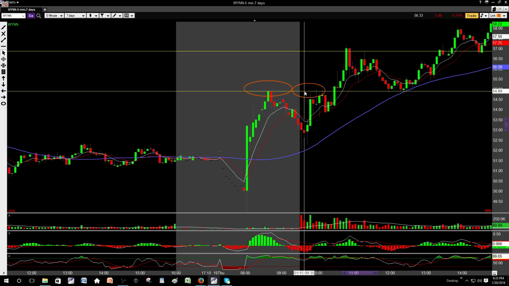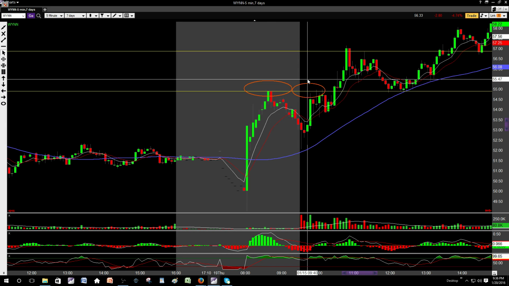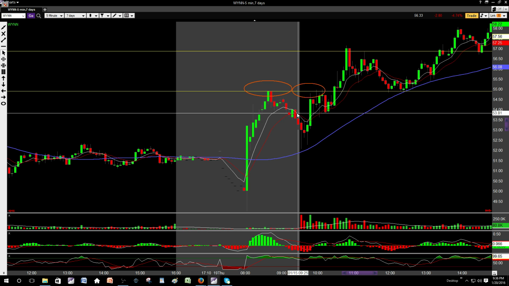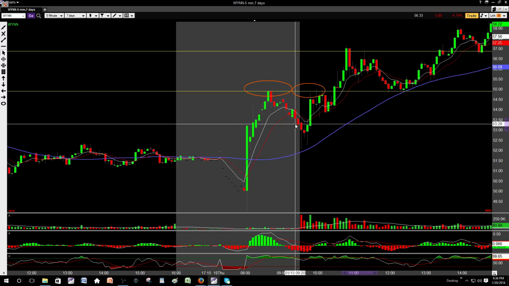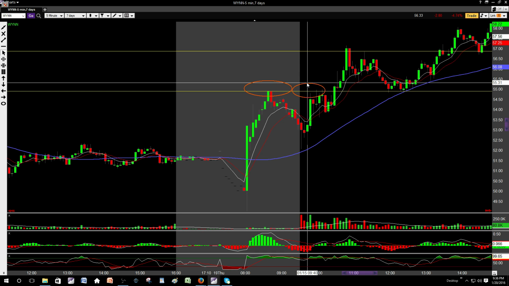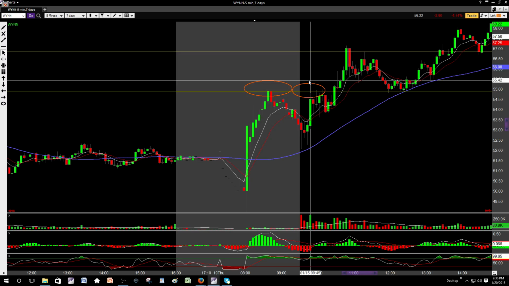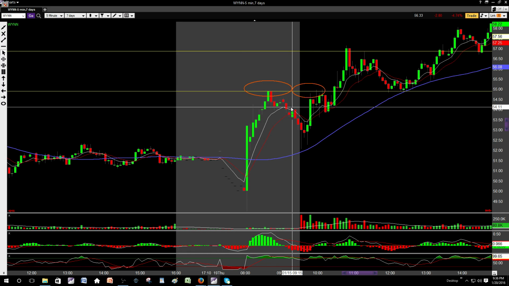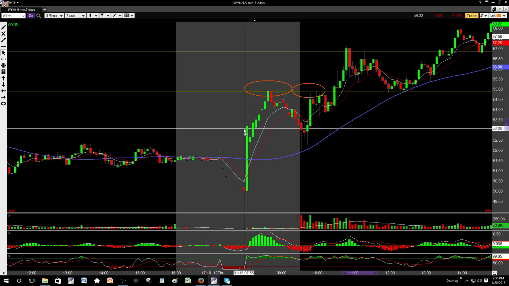You are already 75% winning this trade, even though it's past your entry position, because the fact that the stock gapped up and pushed right out of the open, you are already in the money, even though you're red. Why? Because if your stock is gapping up and it pushes at open, how do you know it's not going to go to the moon? Because we're not in OTC land, first of all.